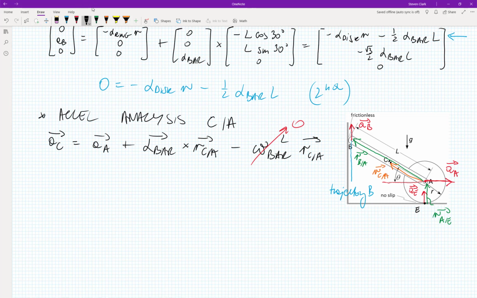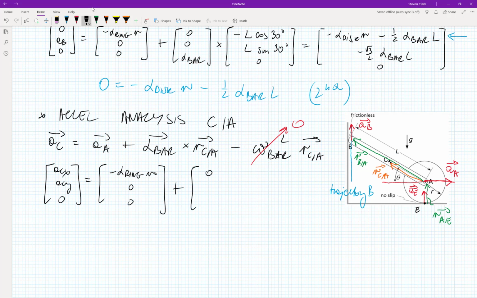And if you solve that equation, maybe you can solve it. ACX, ACY, and 0 is equal to minus alpha ring R, 0, 0, plus 0, 0, alpha bar times this vector.